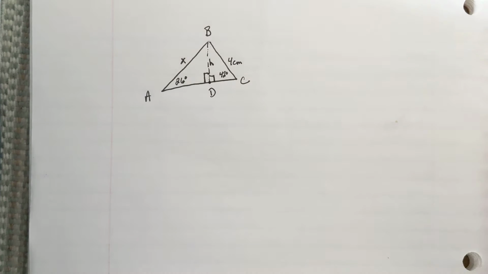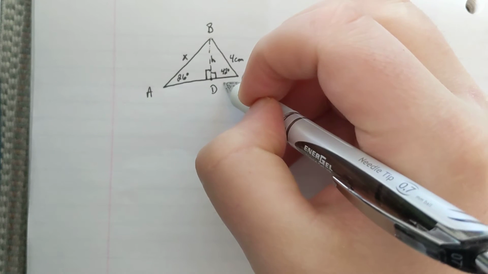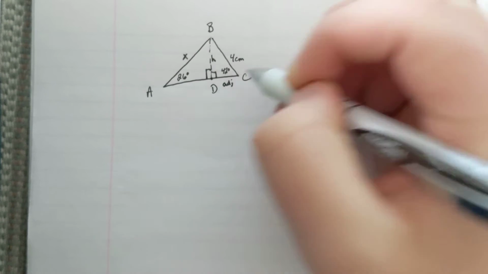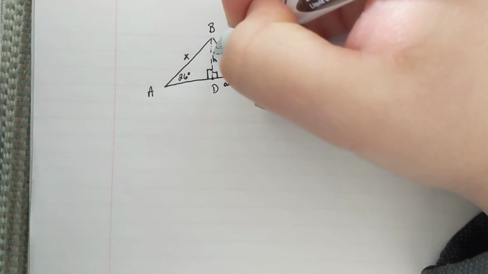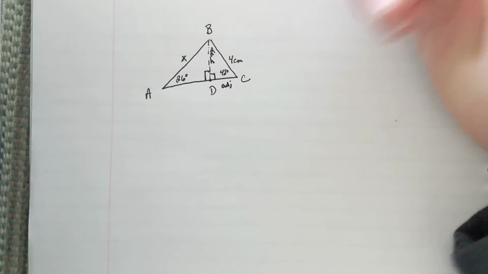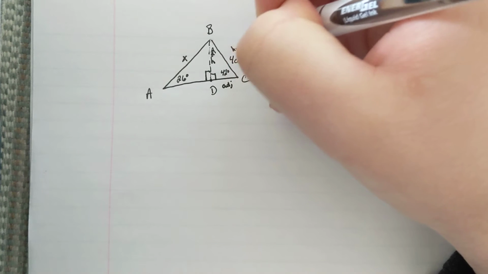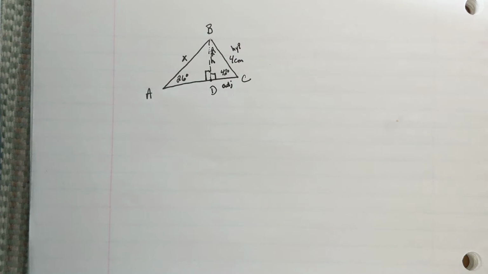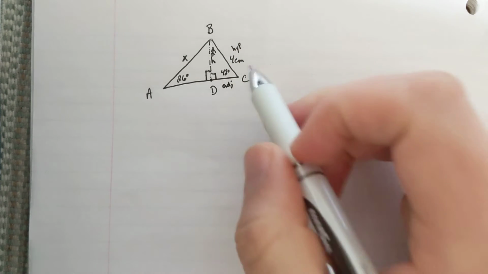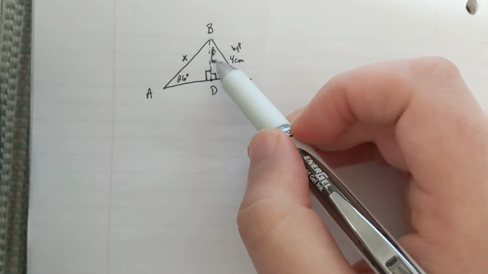All right, so if I'm labeling this right triangle with opposite, adjacent, hypotenuse, DC is the adjacent side length with respect to 42, h is the opposite side length with respect to 42, and 4 centimeters is the hypotenuse. All right, so that tells me I'm trying to find the opposite length.